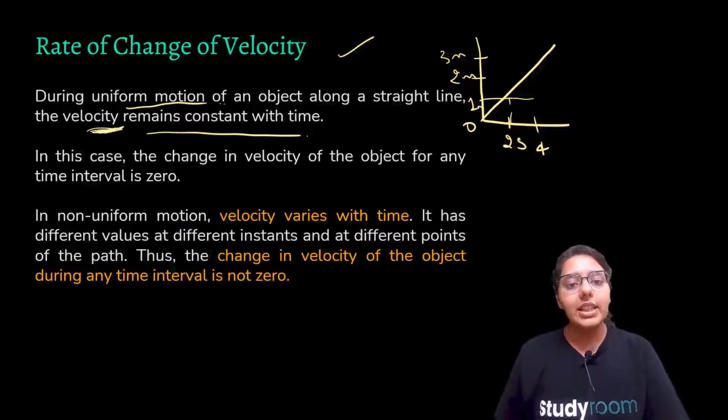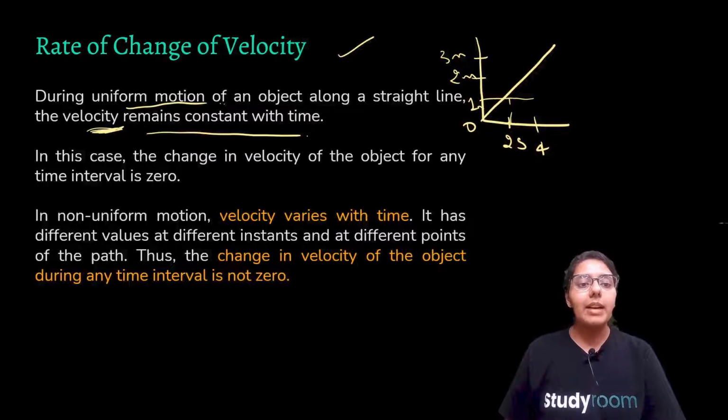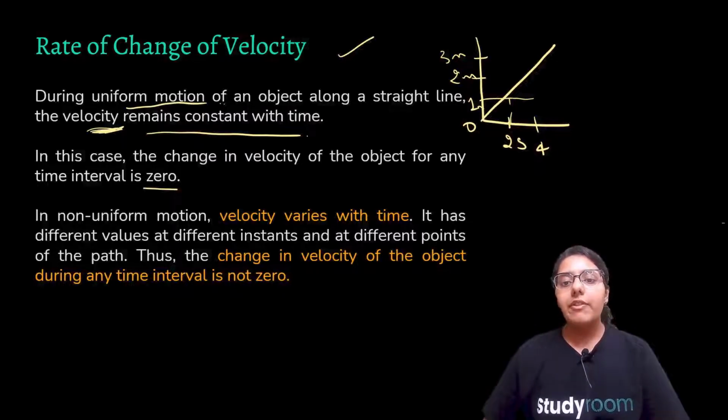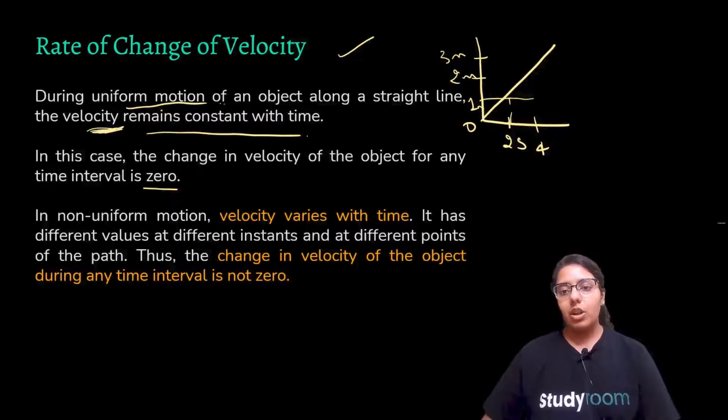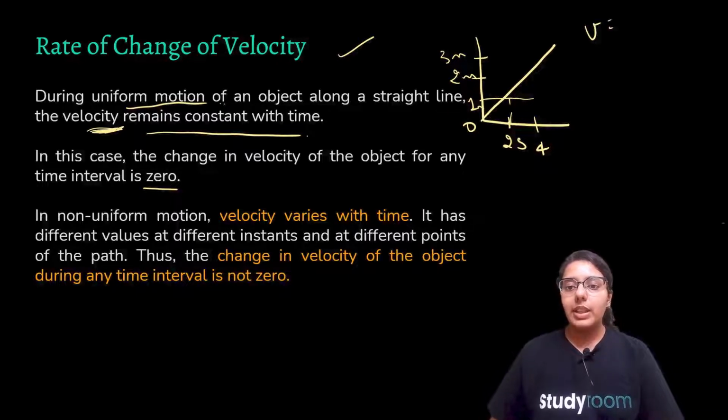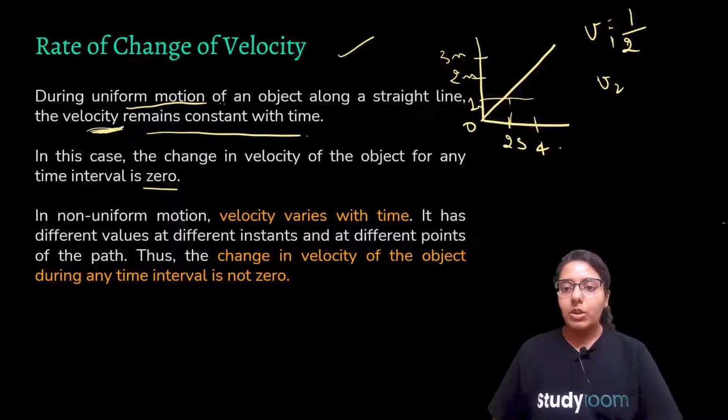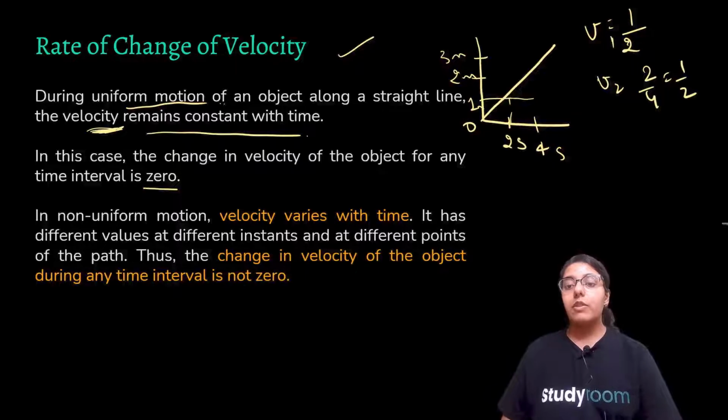In this case, the change in velocity of the object for any time interval is 0. If we talk about this graph, your velocity for 2 seconds is how much? 1 meter in 2 seconds, 1 by 2, right? Your velocity for 4 seconds is 2 meters in 4 seconds, again 1 by 2. So in a uniform motion, your velocity is constant.